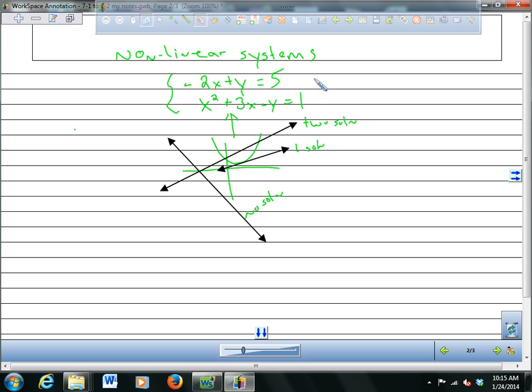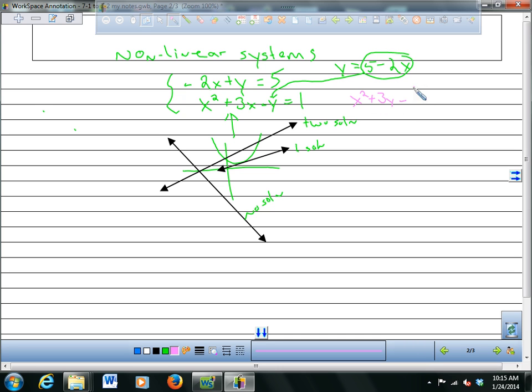But in this case, we're just going to solve this for y, so I'm going to go fast. y equals 5 minus 2x. And I'm going to take that and substitute it into here for y, right? And so when I do that, I get x squared plus 3x.